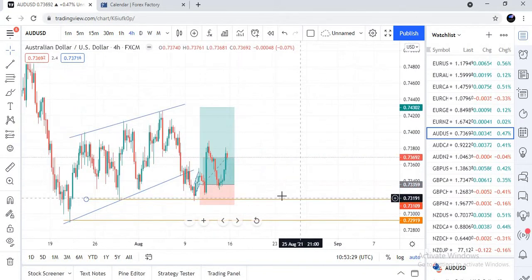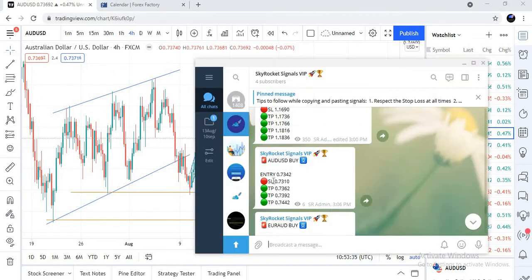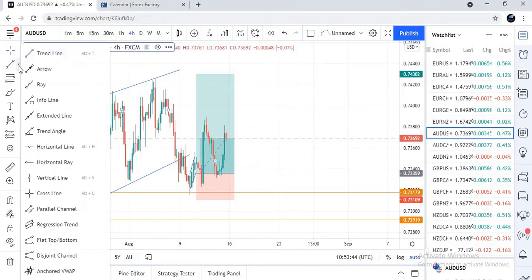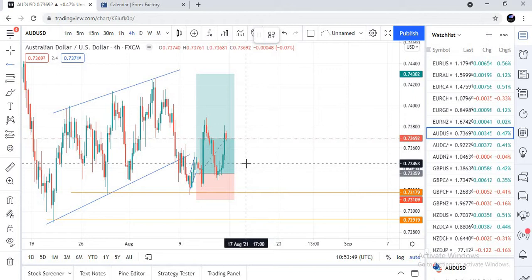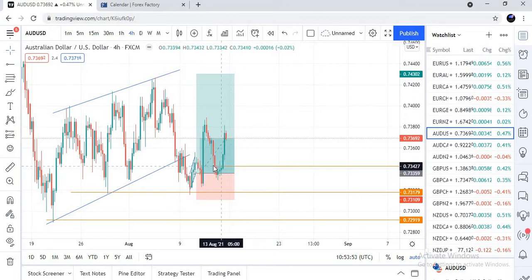So we entered around this region, 0.7342. Let me just get something that I can use to mark that level out. 0.7342, which is around this region.